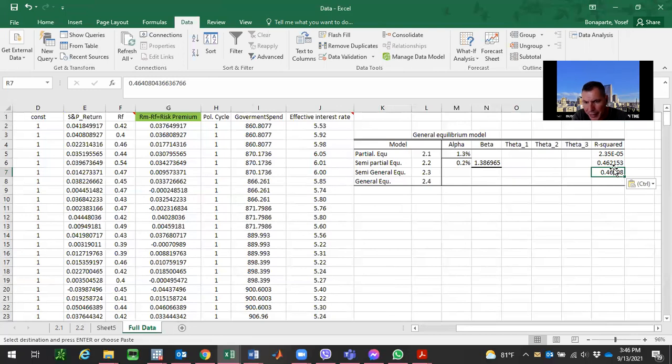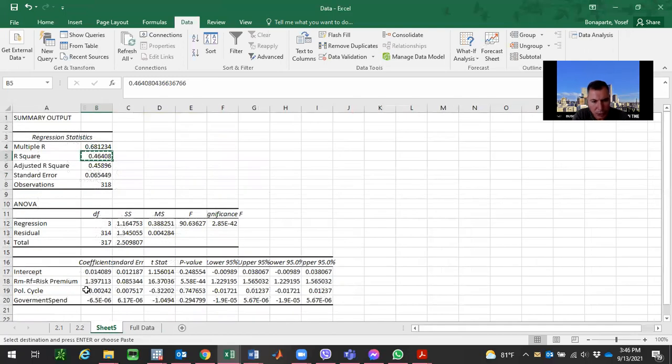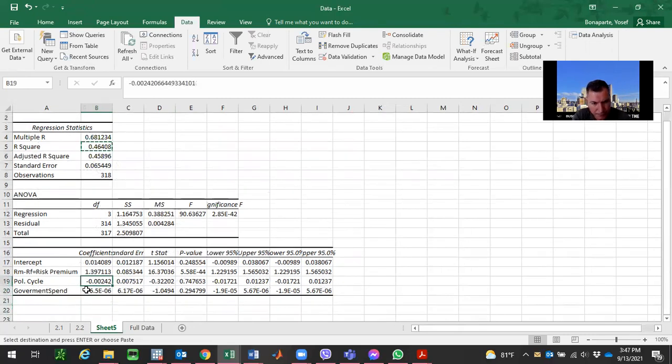Look, it's slightly better than before. And then what we have here, political cycle is the T-stat. Now it is low, not significant. So that's theta 1, basically.